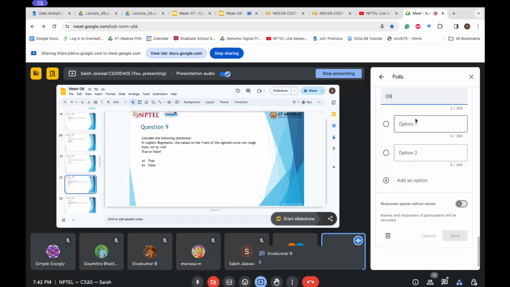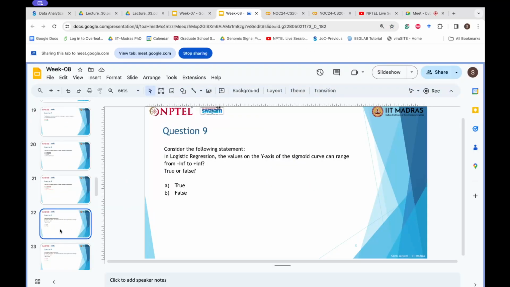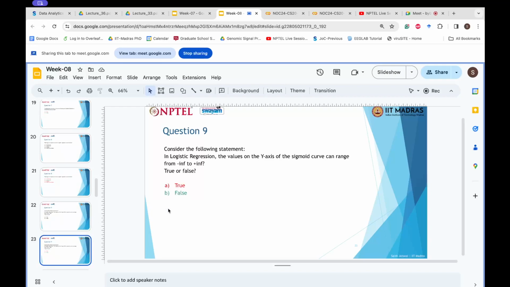Please answer in the chat directly. Fine, so many of you got it. It's false. The values on the y-axis are nothing but probability values, and probability can never be negative or greater than 1. So it will always be in the range 0 to 1.